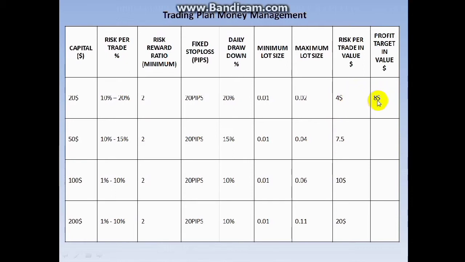I don't mean you should close the trade at $8. You can have a higher risk to reward ratio, but the minimum kind of entries you are allowed to take should be able to give back at least $8.